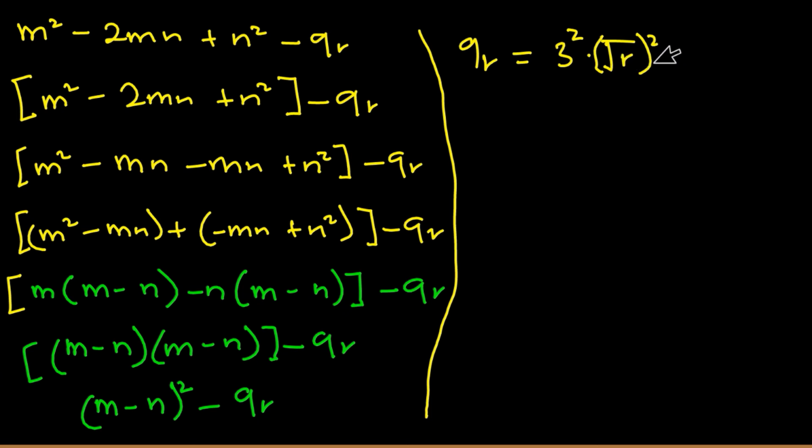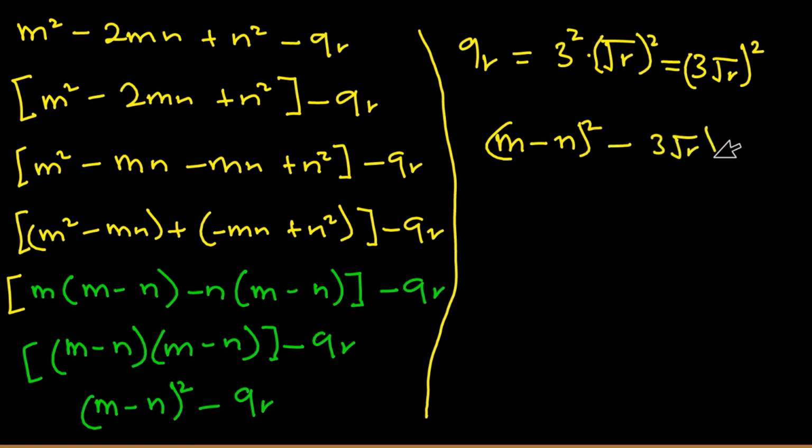And note that this could also be written as 3 times square root of r all squared. So in place of 9r, I'll put 3 square root of r to the power 2. So we have m minus n all squared minus 3 square root of r all squared.